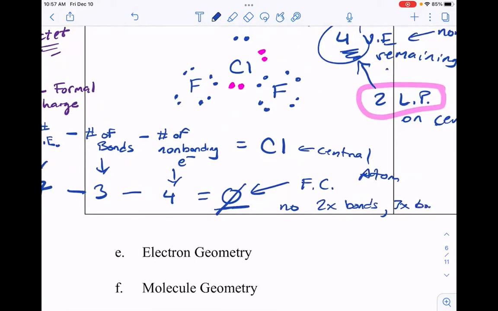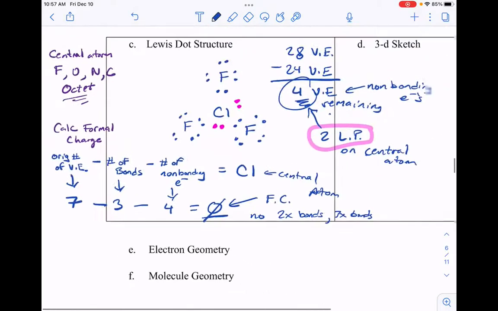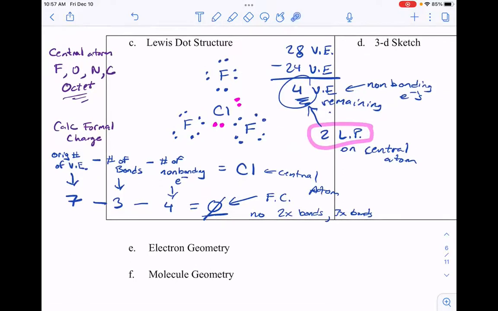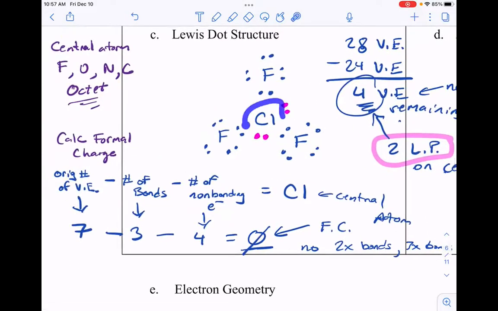With elements outside of FONC, the only way you will know whether or not to create double bonds or triple bonds is through formal charges.